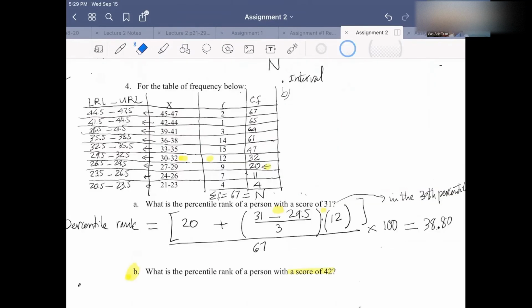Okay, all right. So what is the interval that contains the score of 42? Everyone, what is the interval that contains that score? Can you type in the chat for me?